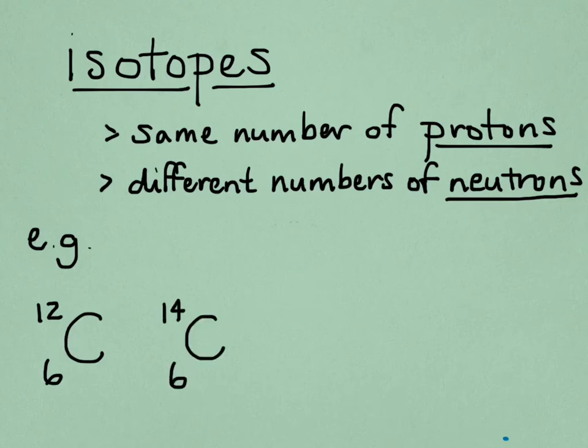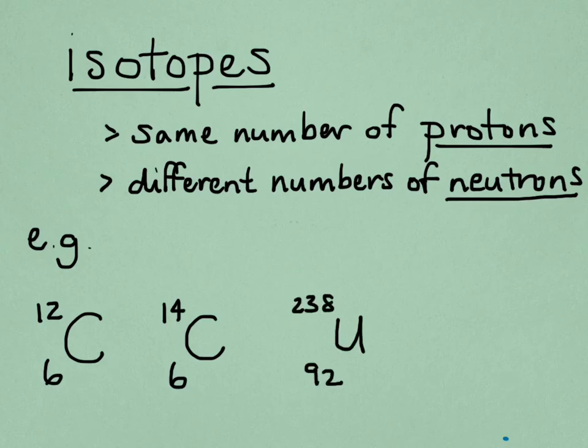Another form of carbon is carbon 14, that's the radioactive one that they use for carbon dating. So same number of protons because it's still carbon, but 14 is the mass number, so it's still got its 6 protons. The other 8 things in the nucleus must be neutrons.